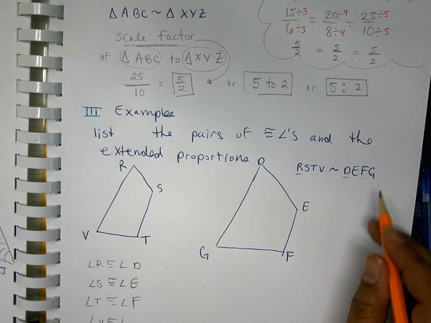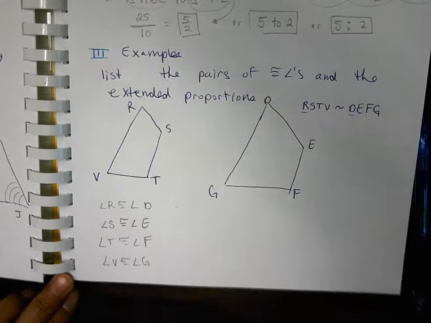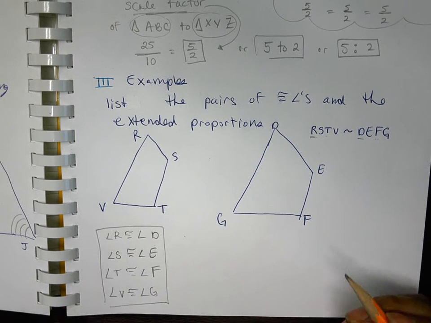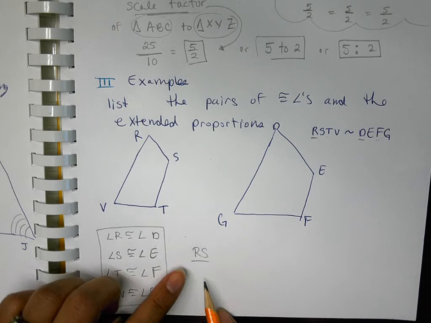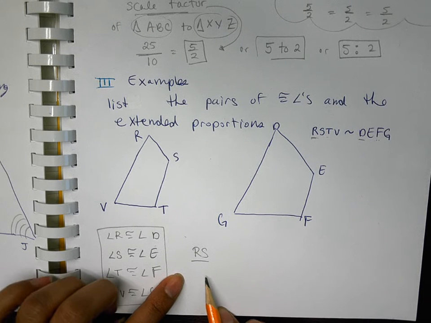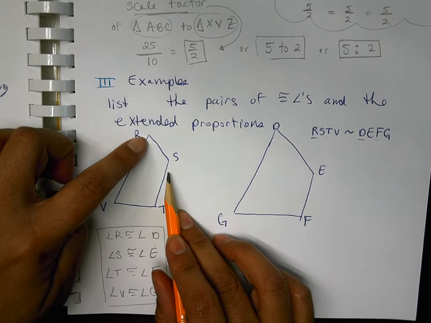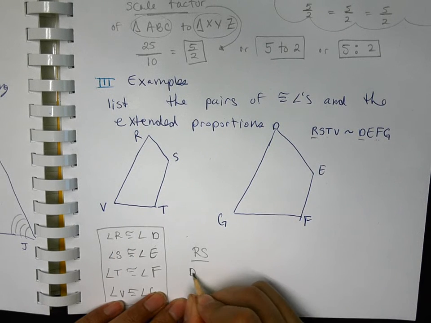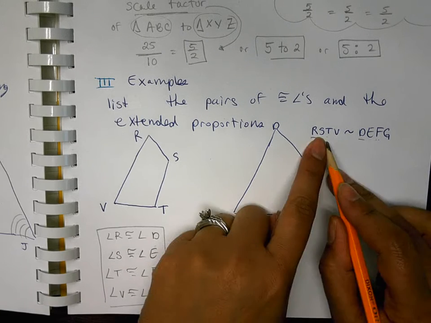All right, now that's our first set. It did ask for 2. It asked for the extended proportion. Whoever's doing all that squeaking, please stop. All right. RS over what? DE equals, I'm just going to go in order, ST over what?